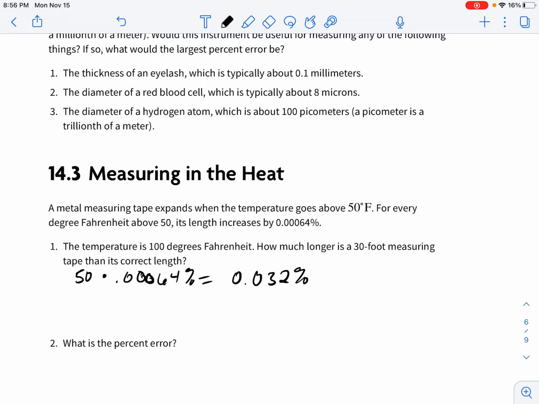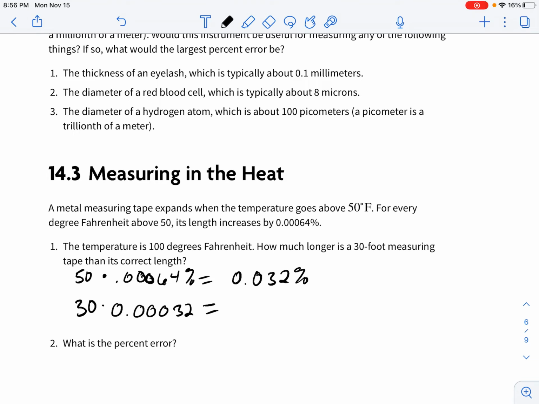Okay, how much longer is the 30-foot measuring tape than its correct length? So now to do this, we're just going to take its length and times it by the percent error. So you're going to take 30 times, now we have to convert this percent into a decimal, so 30 times, once you're going to move the decimal to the left, so 0.00032.